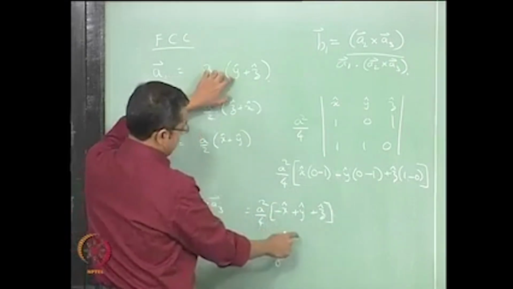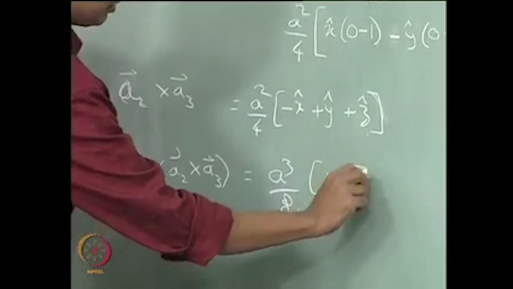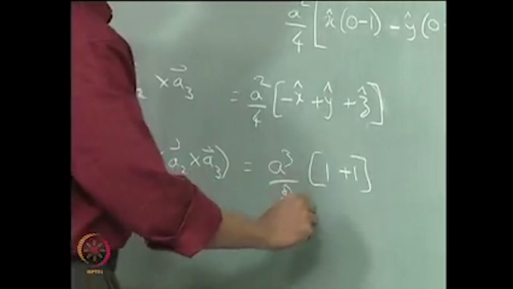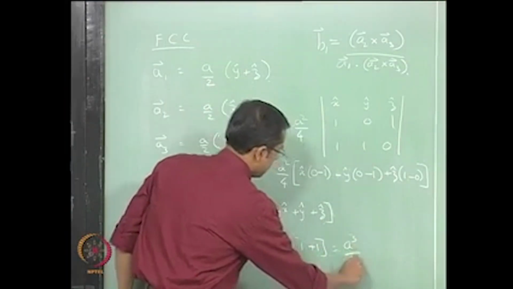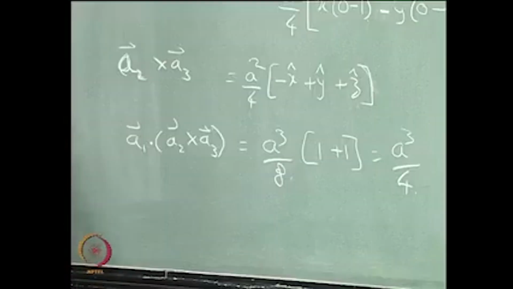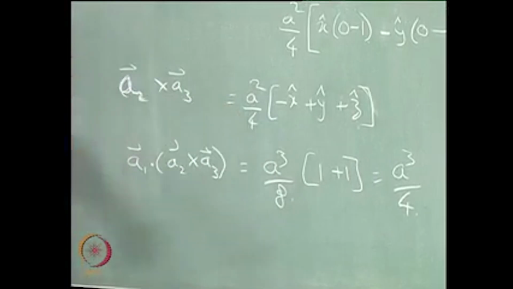So y times y will become 1 and z times z will become 1 in the dot product. Therefore this is A cube by 4.